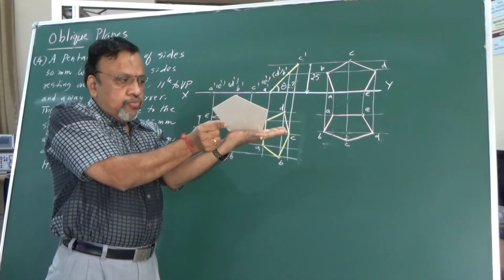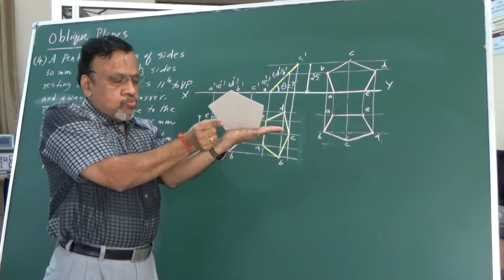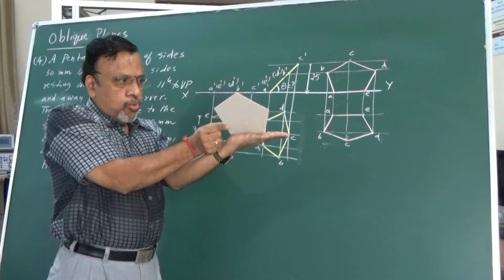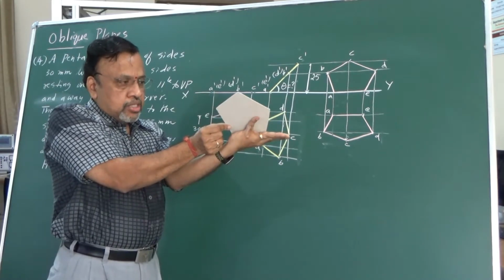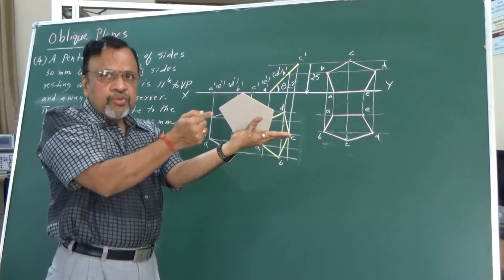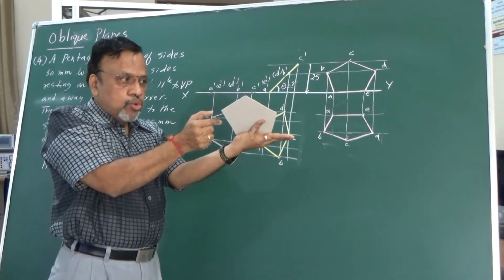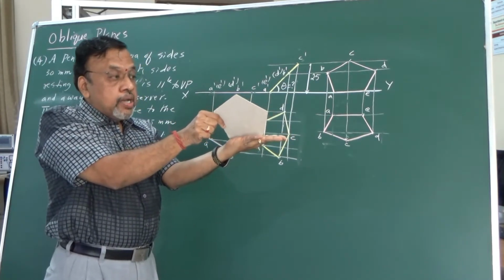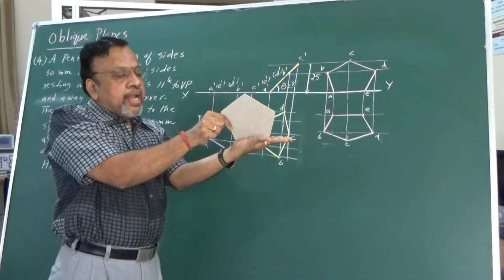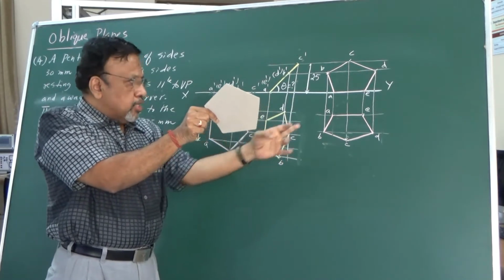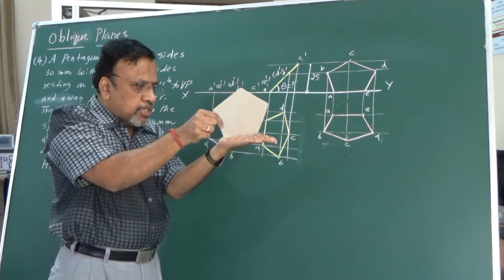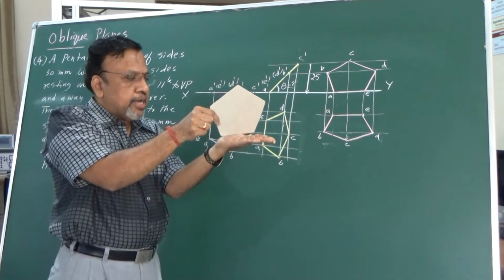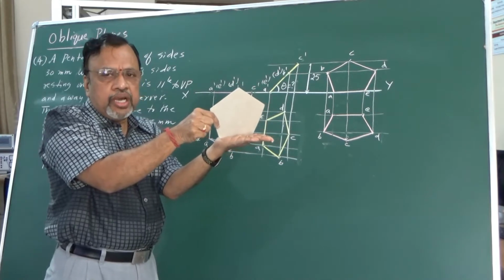Now, if we observe this particular case, once I have inclined it in this particular way in the third stage, you can see that if I see from the side view, this particular lamina will be seen as a line. Let us say, instead of this, the side which is resting on HP is inclined at some other angle, say 30 degrees to VP, which we have done in the earlier problems.